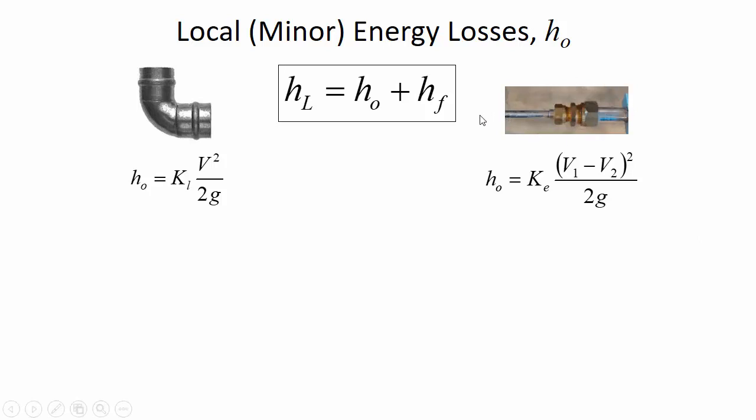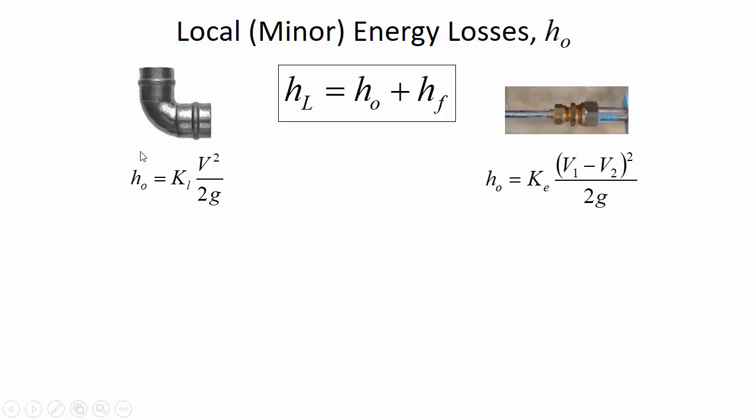For instance, if you have a small diameter pipe that has a junction and feeds into a large diameter pipe, you can calculate the localized reduction in energy at that spot by having the difference in velocities squared divided by 2g, and there may be a calibration factor that you also apply depending on if the transition is abrupt or if it's tapered and gradual.